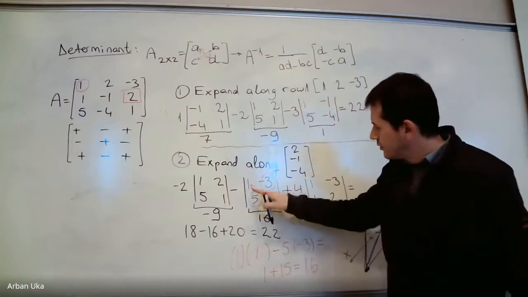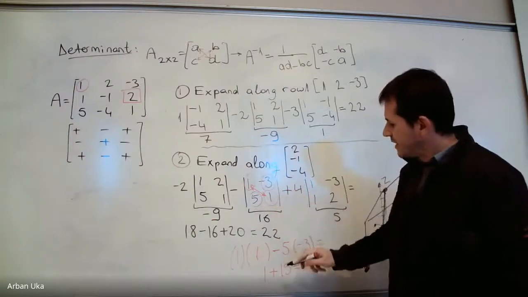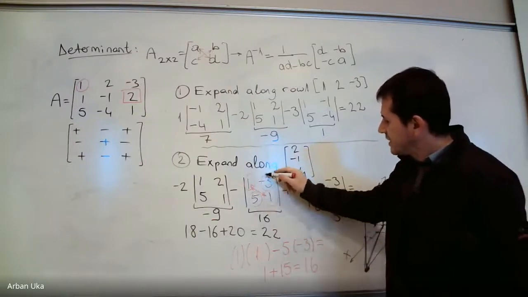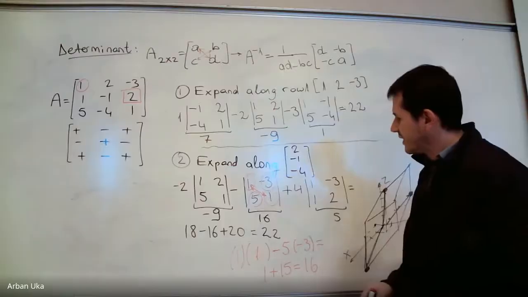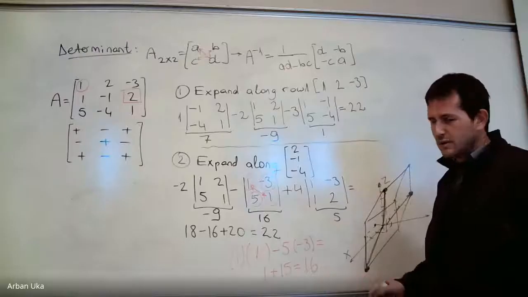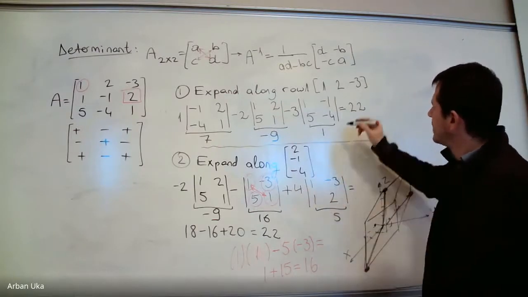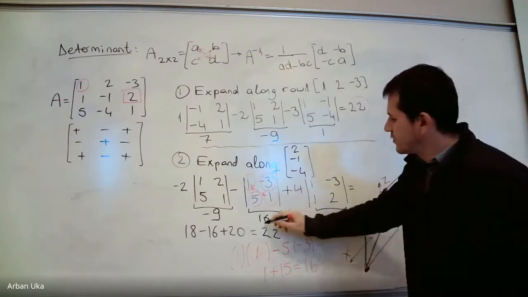So it's 1 times 1, that's 1, minus 5 times minus 3. Okay, so we got here 16, we got 22, and this 22 is the same number as this 22 here.